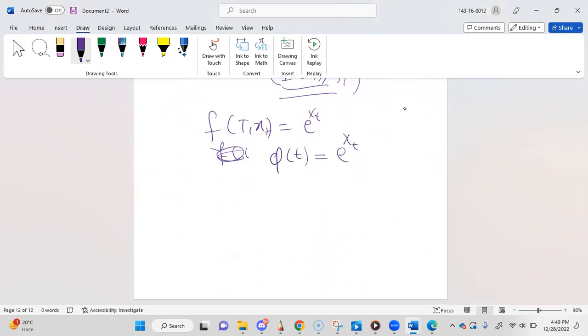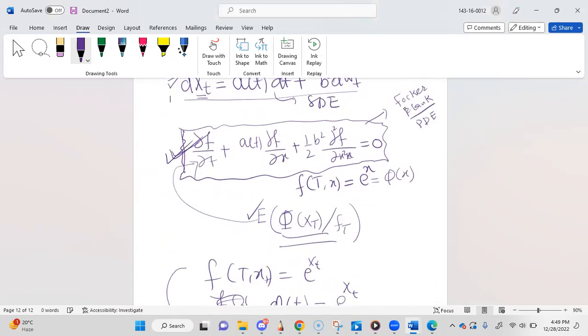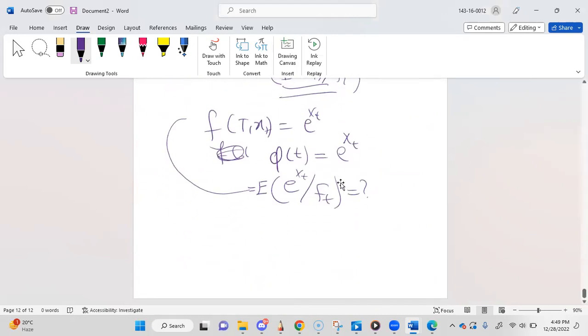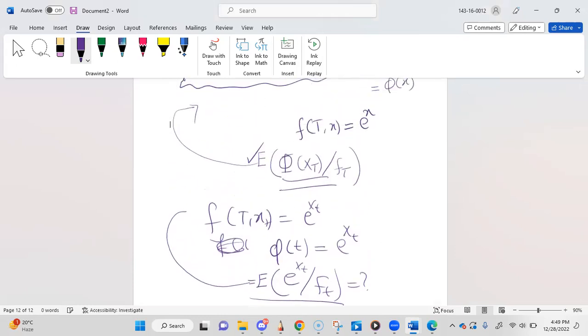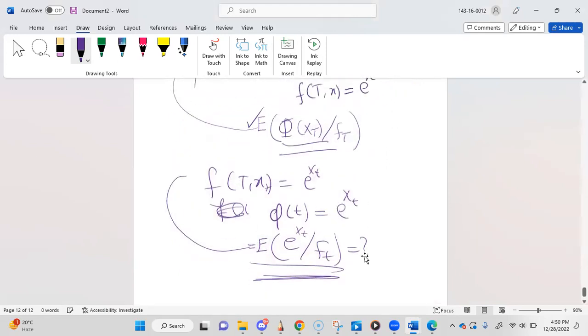What I need to calculate is the expectation of e^(x(t)) given F_t. If I calculate this, whatever it is going to be is the solution of my PDE. That is what I needed to do. So all we have to do is calculate this guy. Let's work with it and see how we can calculate that.